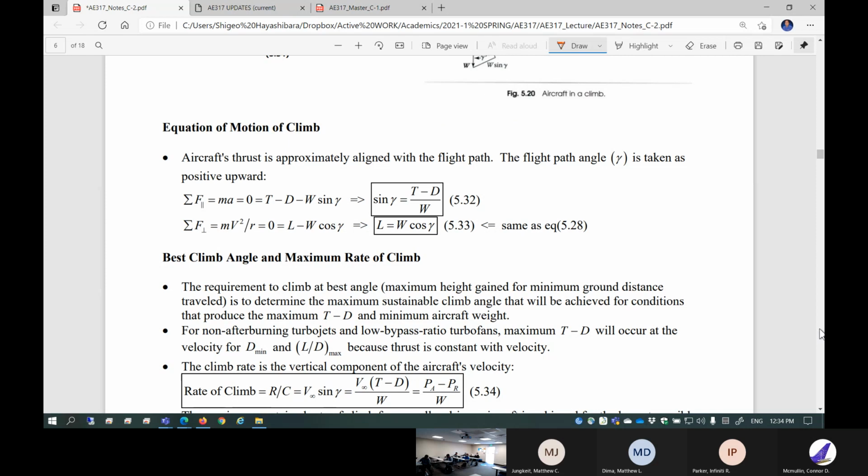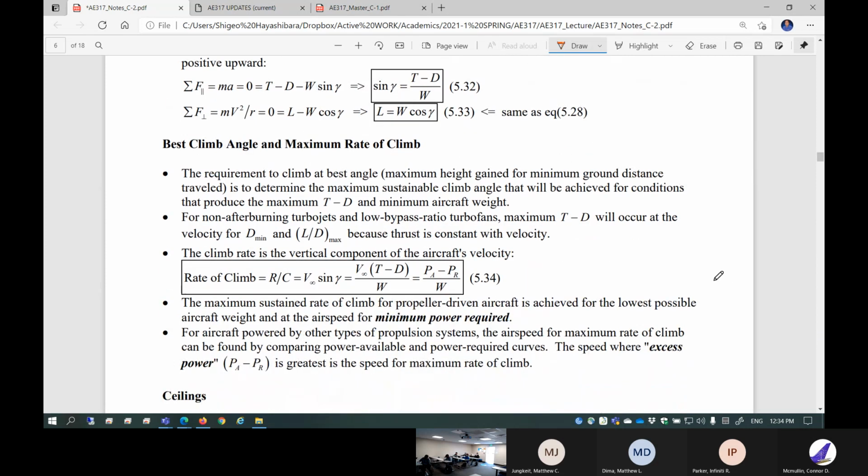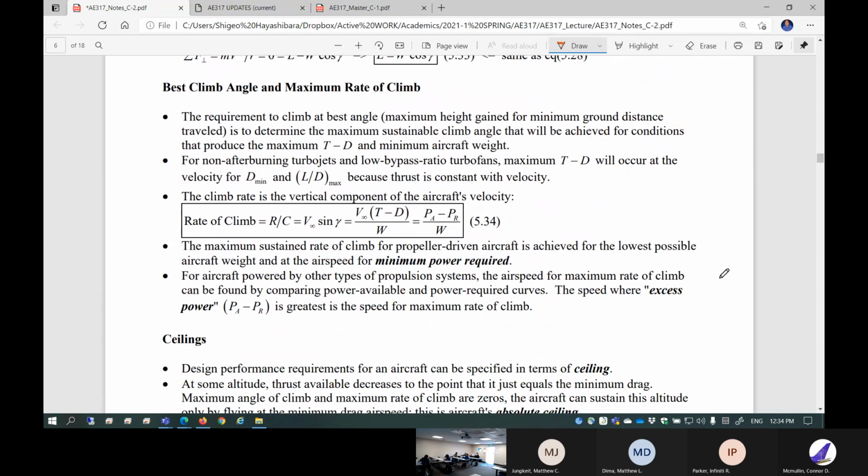All right. So the interesting thing is best climb angle, in other words, how steep you can climb your airplane. Best climb angle or maximum climb angle, and also maximum rate of climb, how fast you can climb up. So this is the equation for rate of climb, and in order to optimize the rate of climb, obviously, for minimum power required, what's that condition?